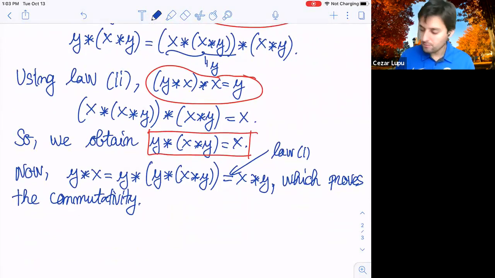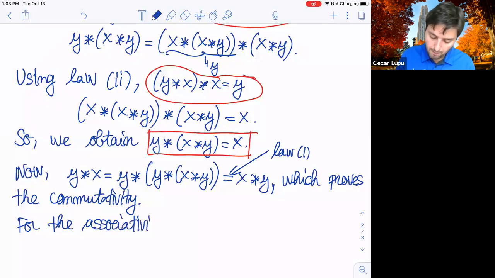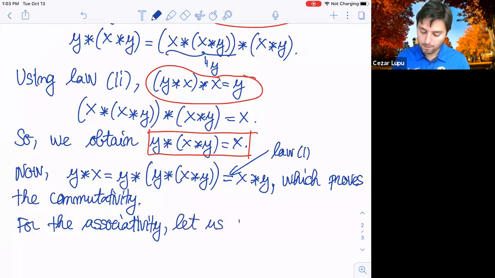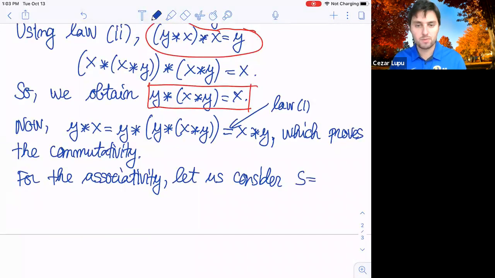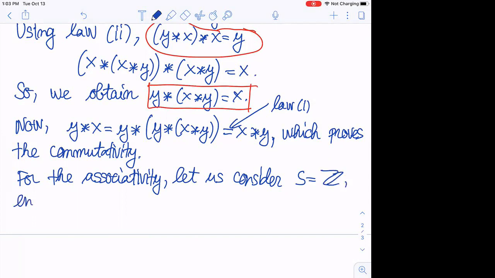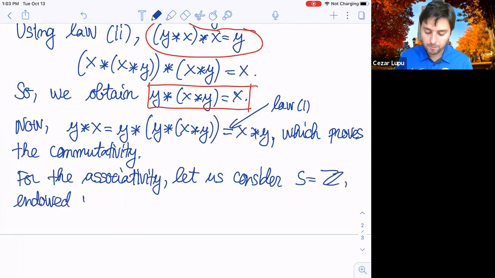So now we want to prove that this is not necessarily associative, so for the associativity, let's consider S, and I'm going to take S to be as simple as possible, the set of integers, endowed with the following operations, with the law, let's say.